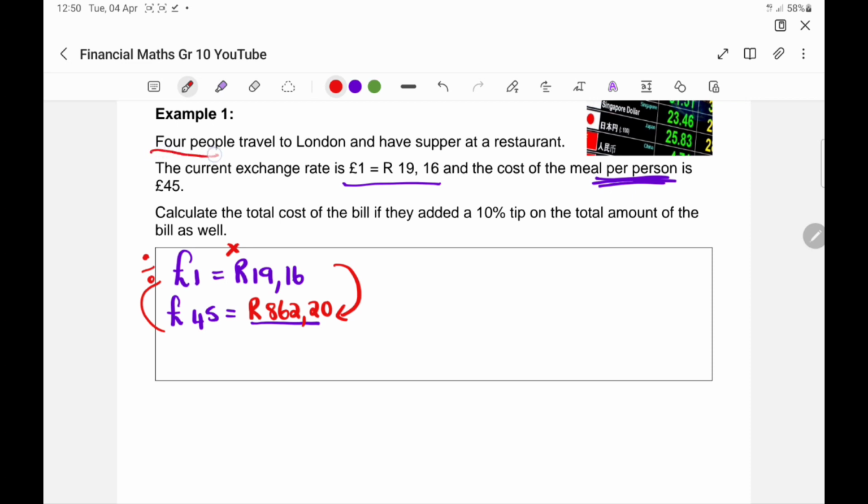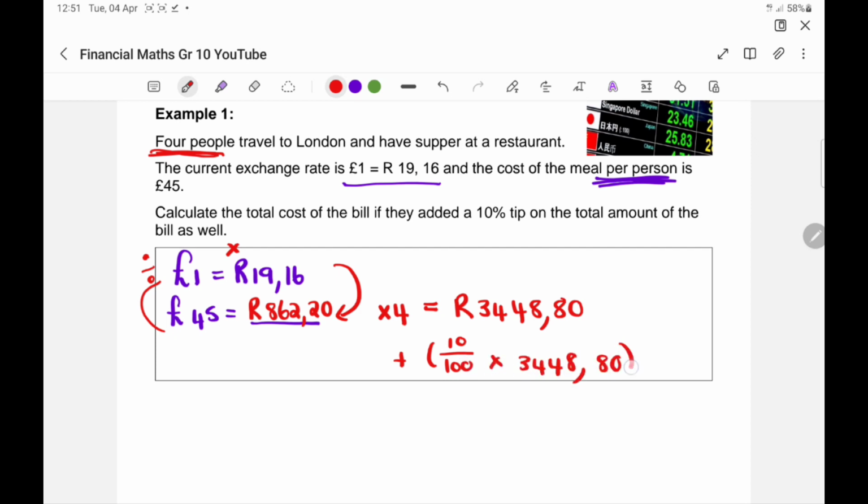Now remember, it's 4 people sitting there. Calculate the total cost of the bill if they added a 10% tip on the total amount of the bill as well. So we're going to times this answer by 4. Do you agree? Why? Because there are 4 people at the restaurant. That gives 3448.80. Then they want you to add a 10% tip on the 3448.80.